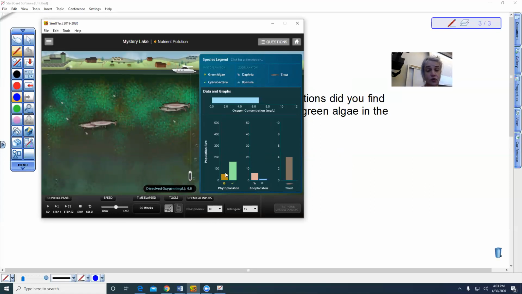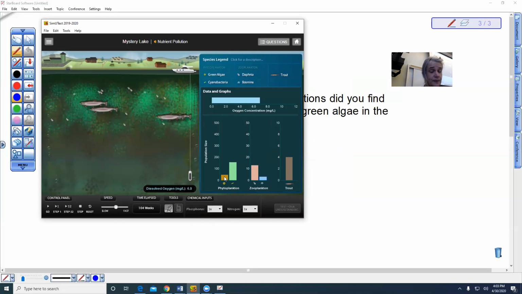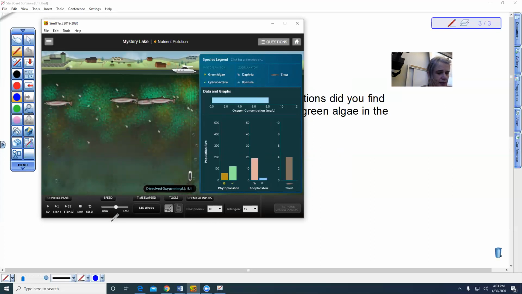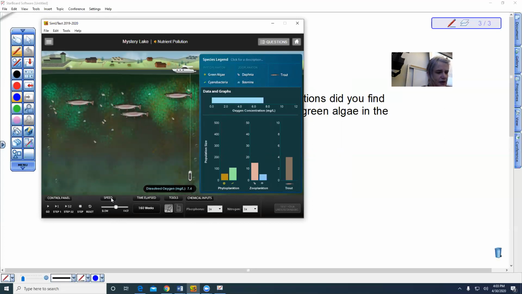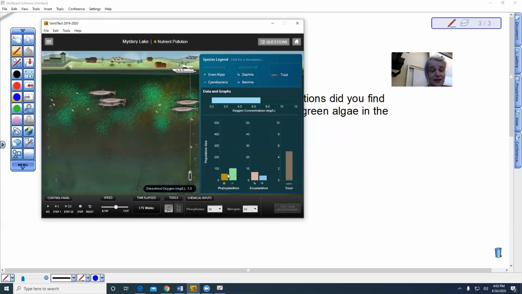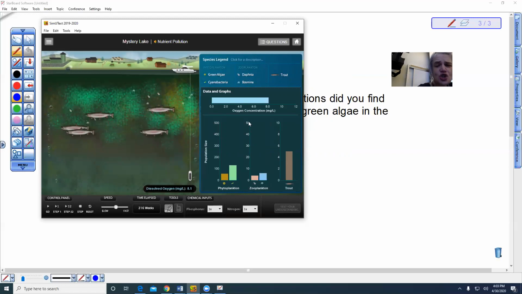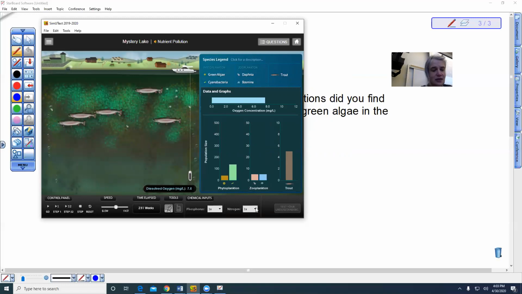Green algae are still doing pretty well. I probably should have sped it up. But anyway, you'll notice that there's a little bit of fluctuation. Oh my goodness, the green algae are almost catching up, right? So there's not this shooting abundance of cyanobacteria.